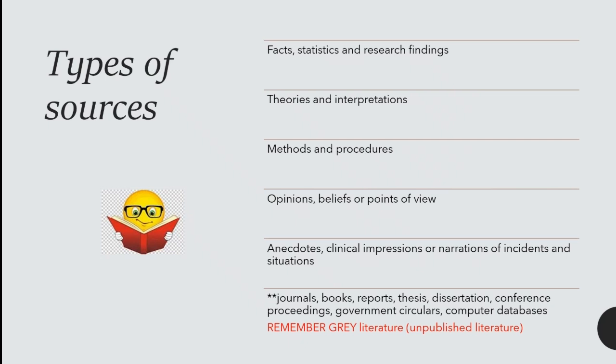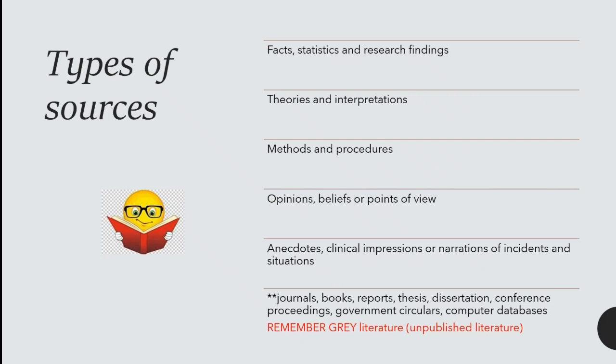And it might be anecdotes, clinical impressions, or narration of incidents and situations. Now, very important, you will see that these are staggered. So your facts, statistics, and research findings are at the top. And then when we move down, we would find opinions and beliefs and points of view, and then anecdotal reports or narrations or incidents and situations.